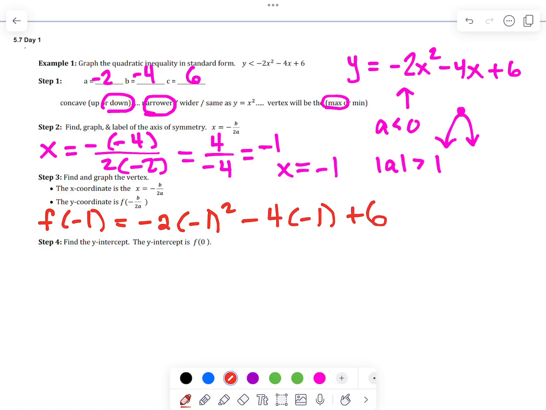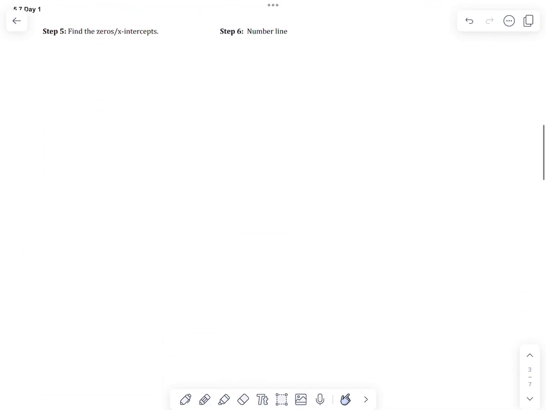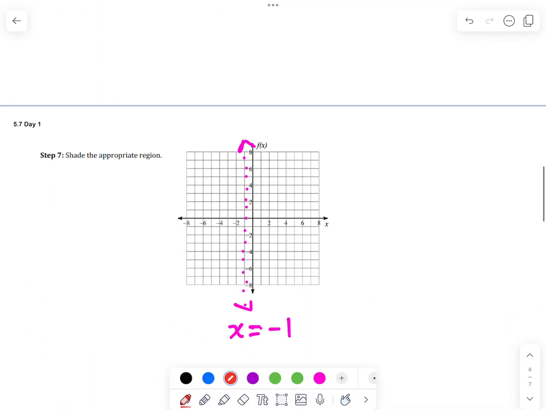And then we would just use our calculator and simplify that, or do our orders of operation, and when we're done we get 8. So the vertex, the x coordinate is negative 1, and the y coordinate is 8. So let's go ahead and graph that. So there's our vertex point.